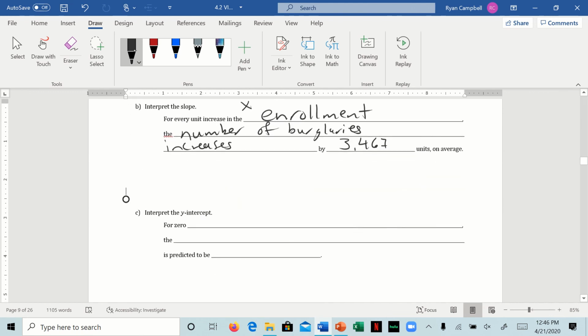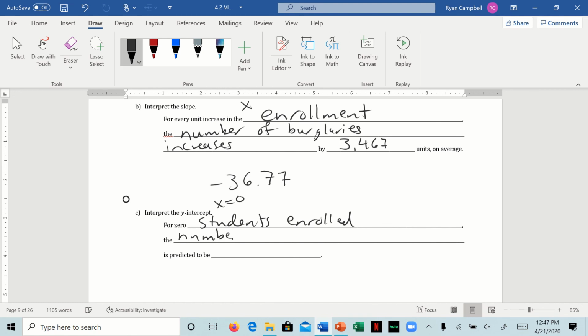All right. Y-intercept. You see the y-intercept was negative 36.77. So for 0, we could say for 0 students enrolled, right? Because this would be x equals 0.